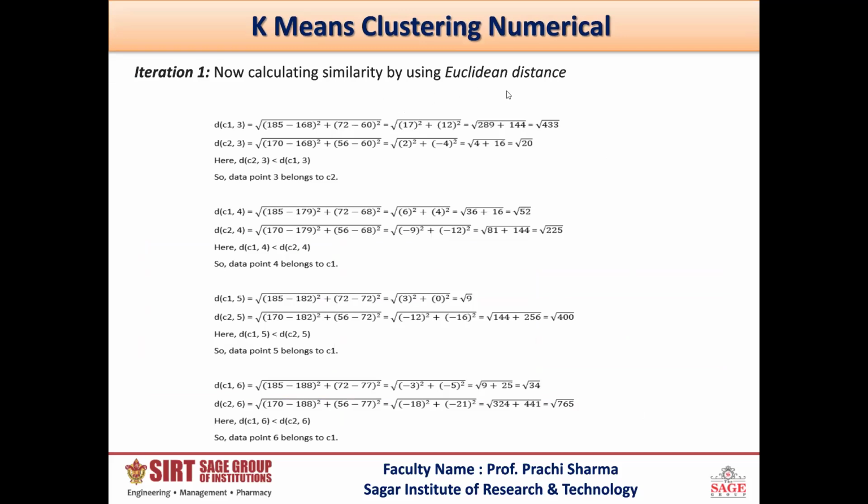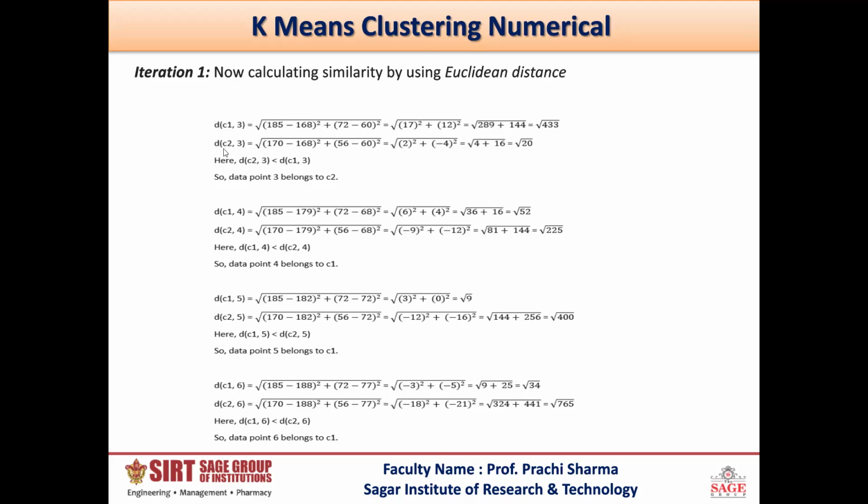Using this formula, 185, which is the value of C1, minus 168, the value of the third point, and 72, which is the value of C1, minus 60, which is the value of the third point. So (185 minus 168) squared plus (72 minus 60) squared, and we will take the square root of that. After solving this, the answer is root 433.